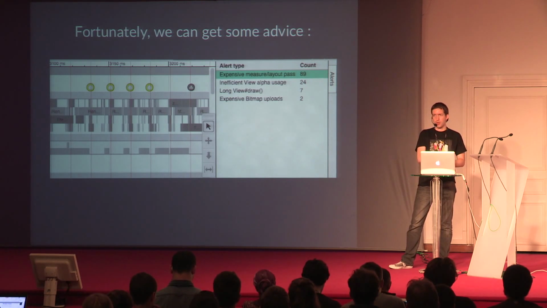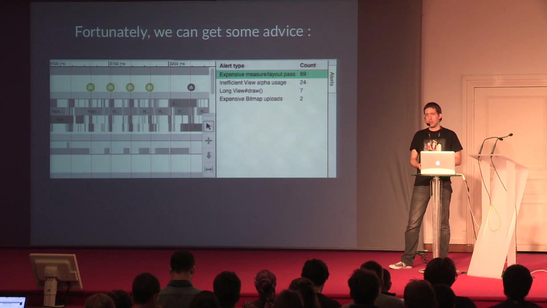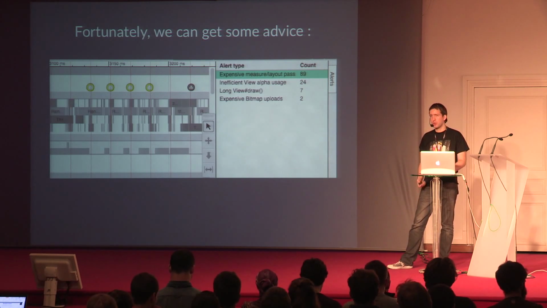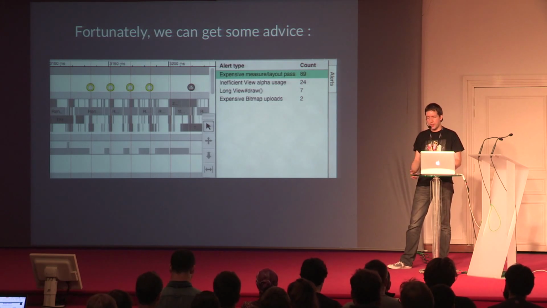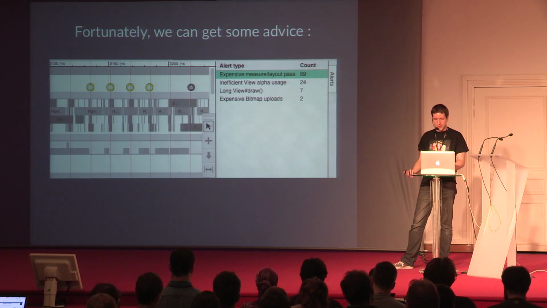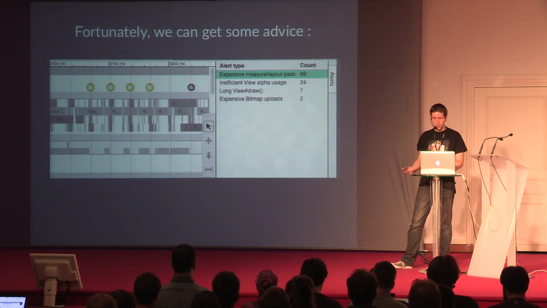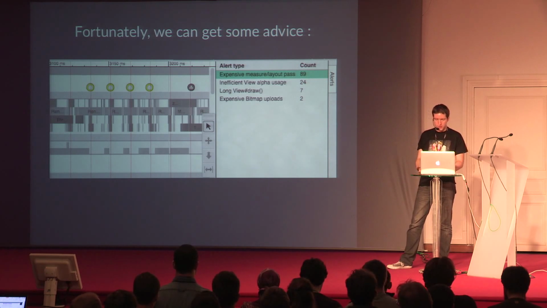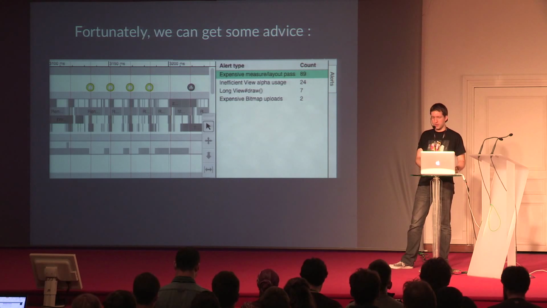There are many options out there, and many of them are very well thought out, and do as good a job as it is possible to do with such large objects as bitmaps. Another piece of advice I got is that I've got a couple of long draw operations. Again, 7 occurrences. It's not too bad. I've got maybe a couple of draw methods that are a bit too expensive.